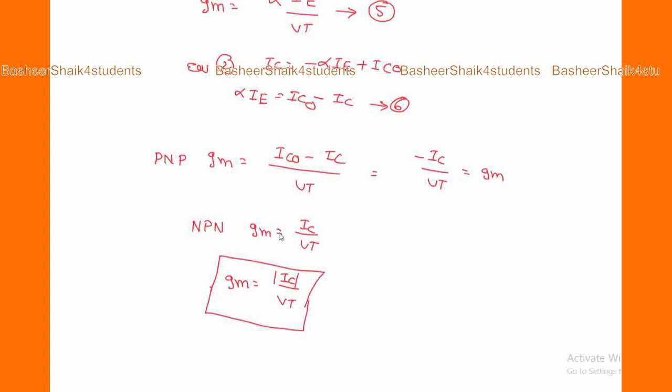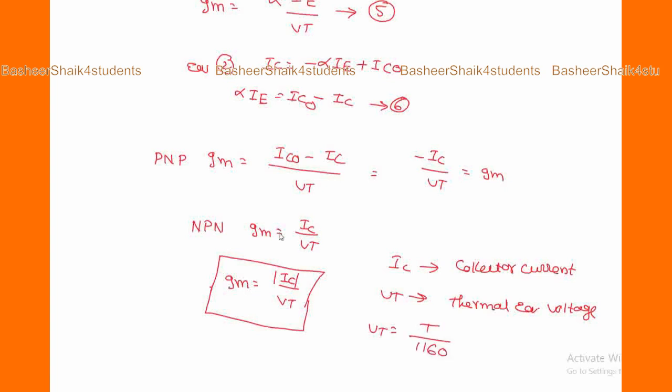Now here if you observe, IC is the collector current, VT is the thermal equivalent voltage, the value of VT is T by 11600, where T is the temperature in degrees Kelvin.